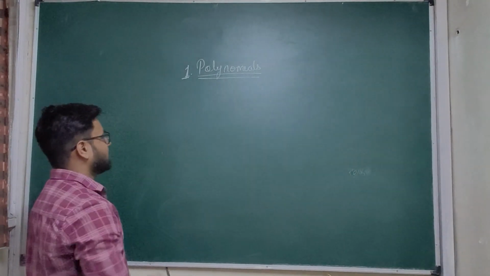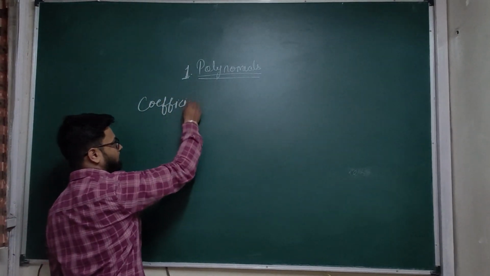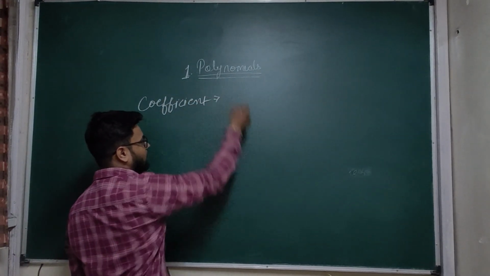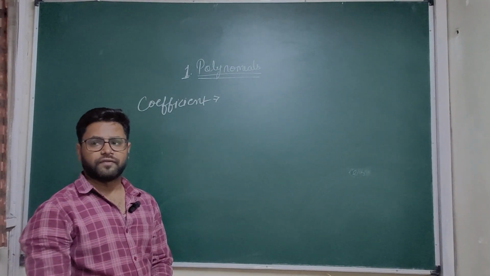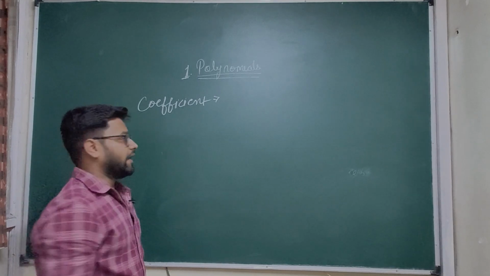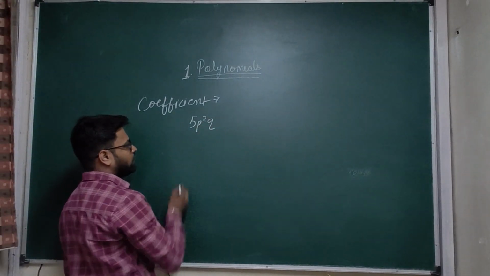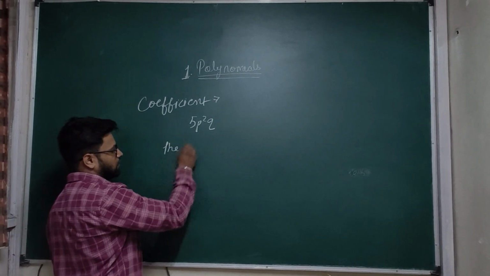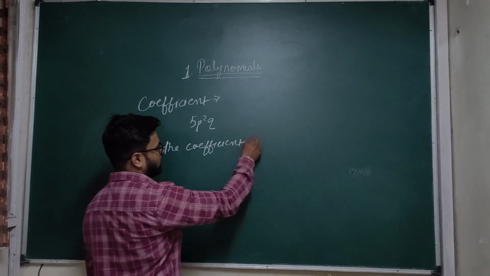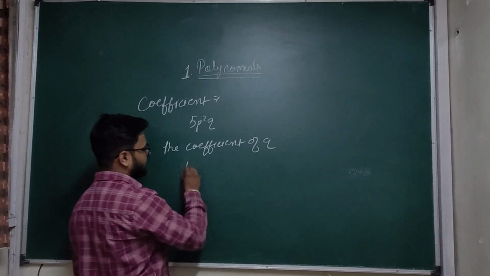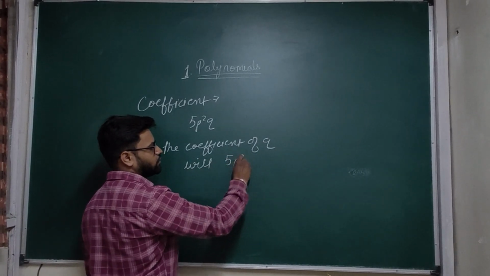Now the next term is coefficient. The term which is along with the variable in a term is known as the coefficient. Like if I write 5p square q, then the coefficient of q will be 5p square.